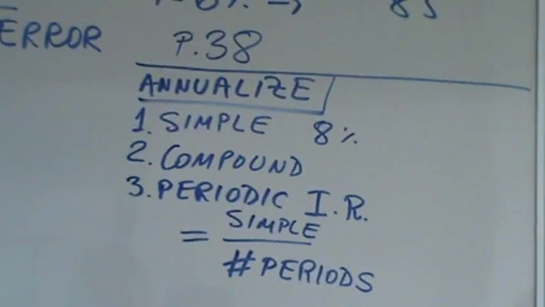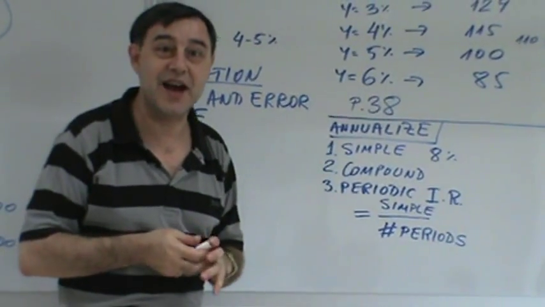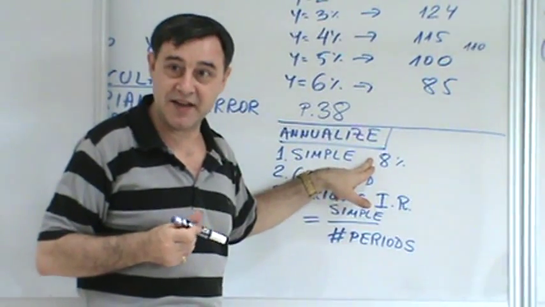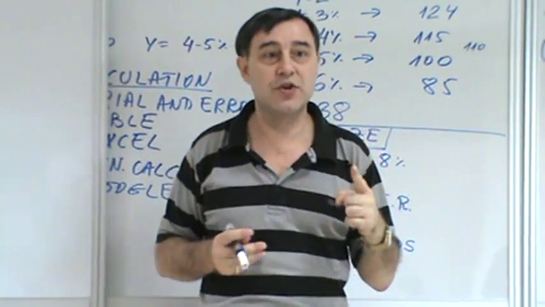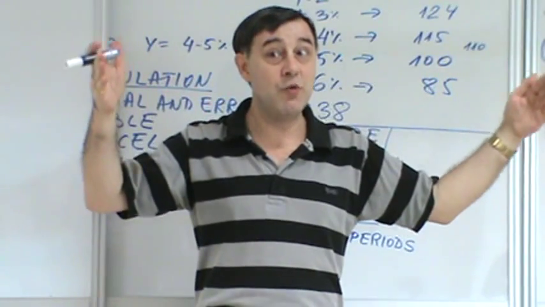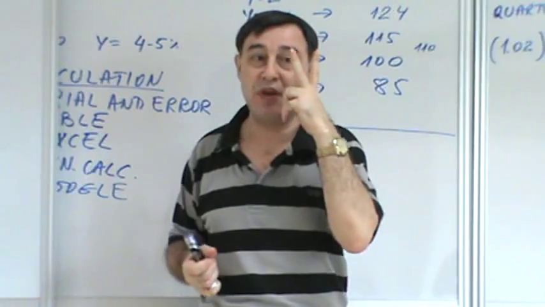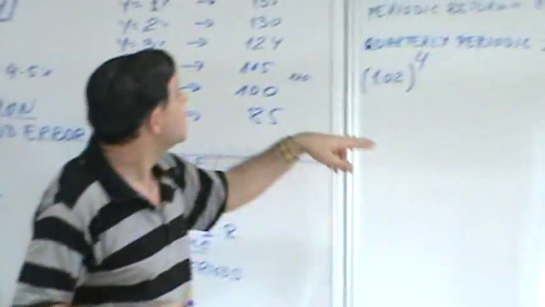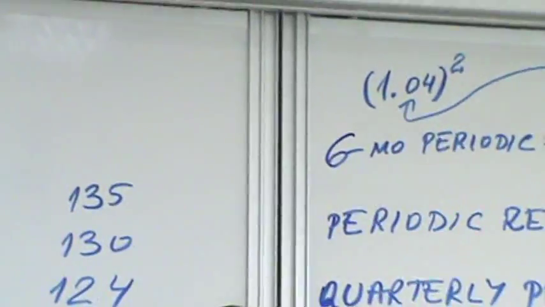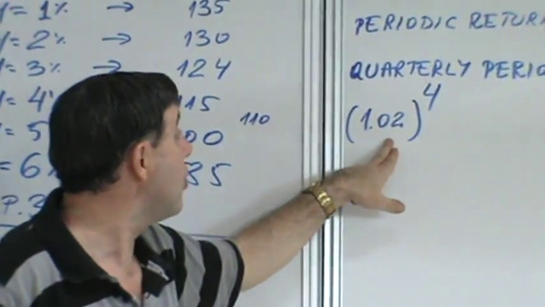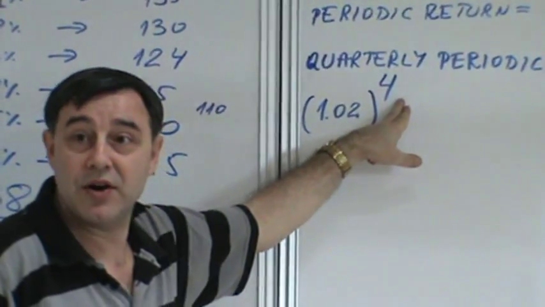So, what is important to understand is that if the simple interest rate is 8%, if you have only 1 period in the year, then it's equal to 1.08. If you have 2 periods, like 6 months, it's going to be 1.04 to the power of 2. If you have 4 periods, it's going to be 1.02 to the power of 4.